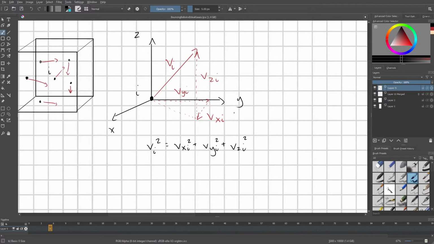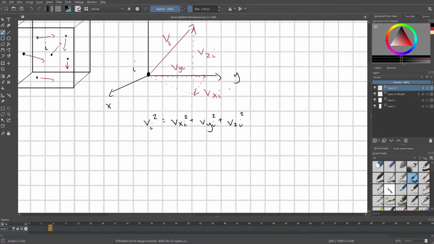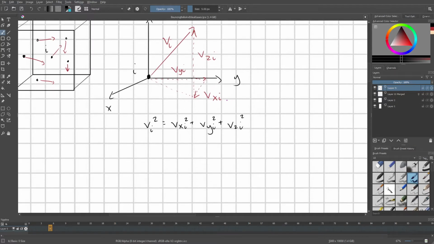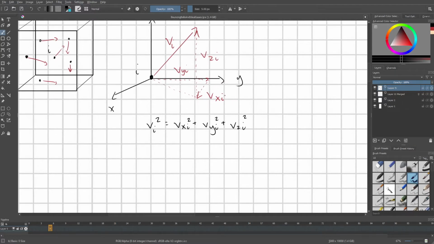Okay, awesome. So now that we're here, it's very intuitive that for averages for lots of particles, instead of just looking at a single speed, we could relate the averages.